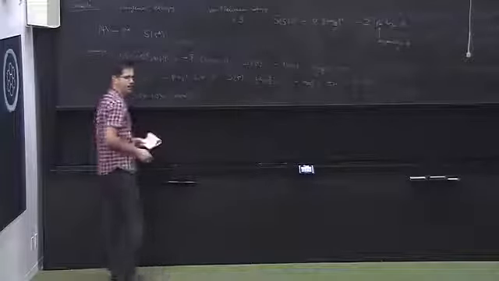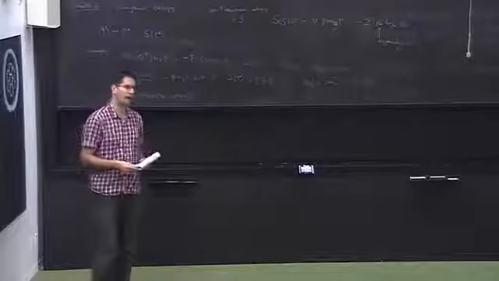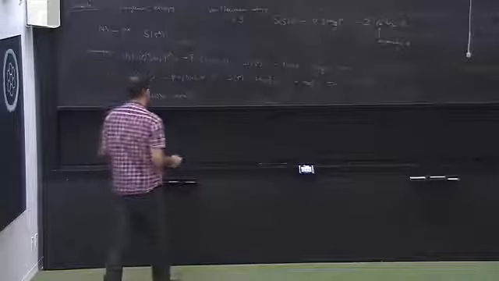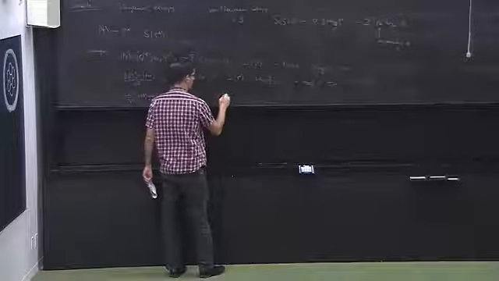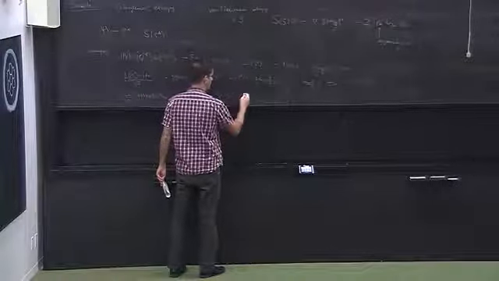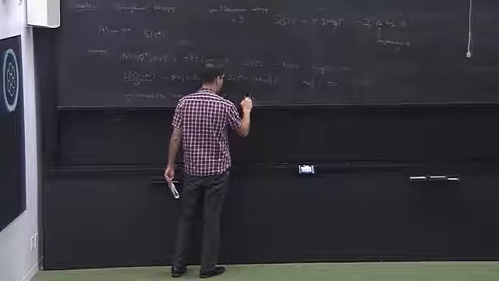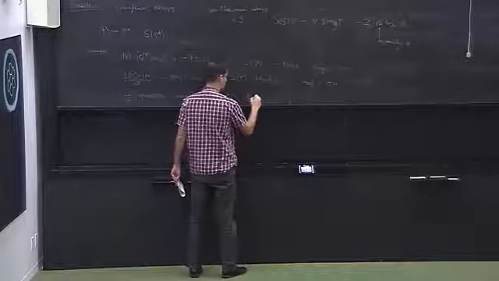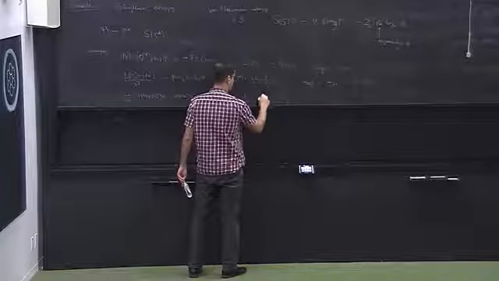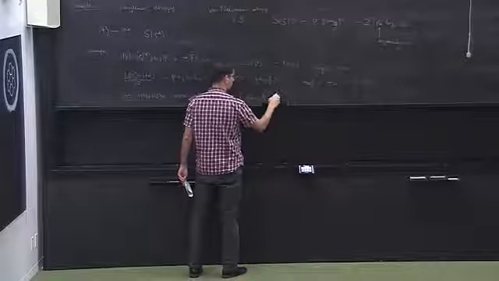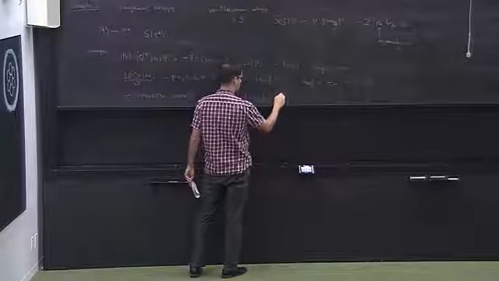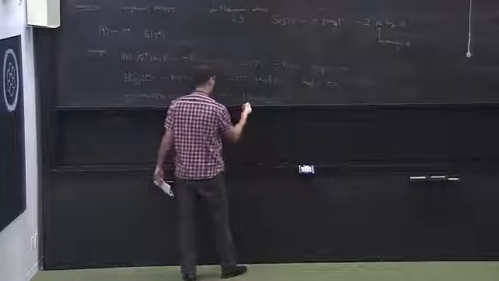We have this guy, the maximally entangled state of two n-level systems. And now we compute this entropy. And we find that it's minus 1/n log of 1/n. Why am I writing this?